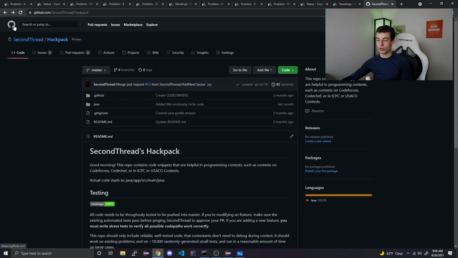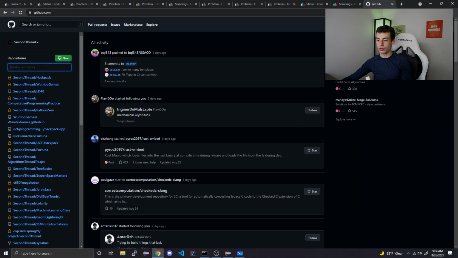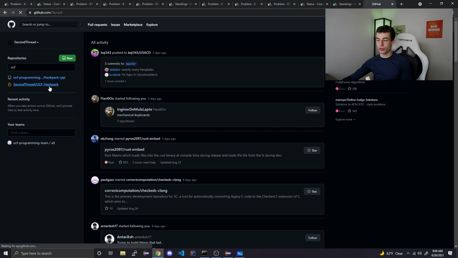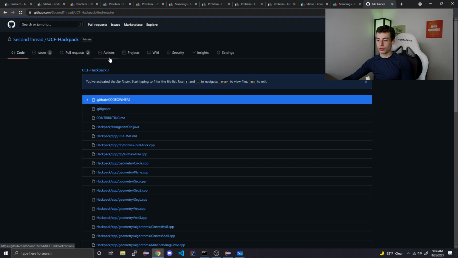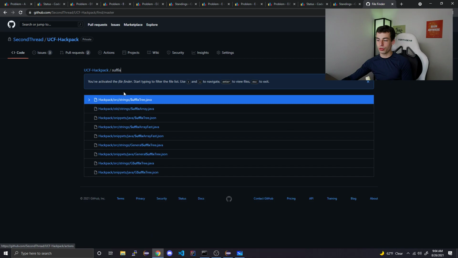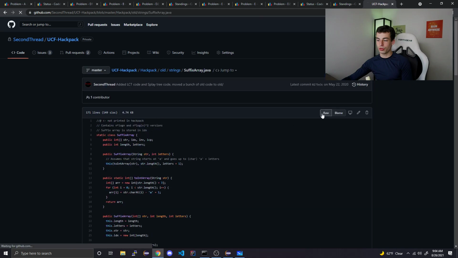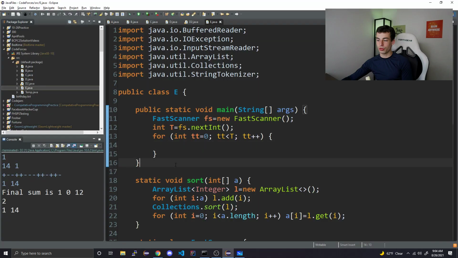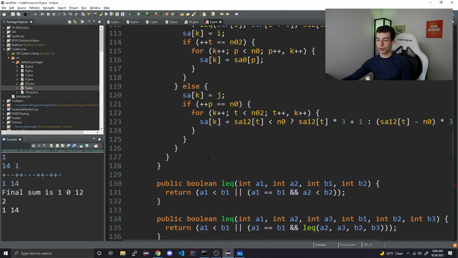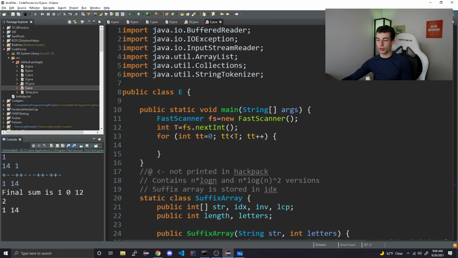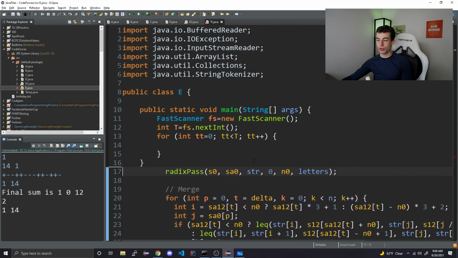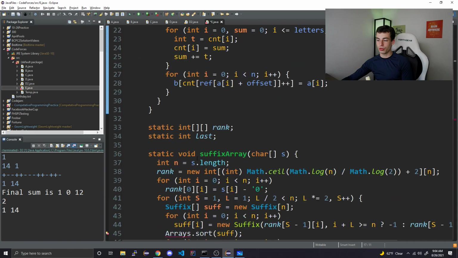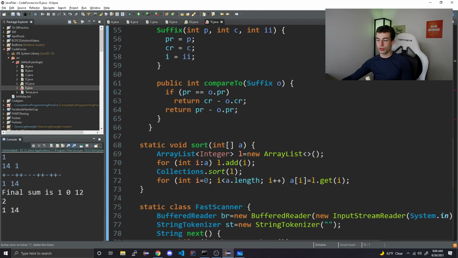Oh, do I not? I don't have suffix arrays yet. All right, back to the UCF hack pack. Suffix array. Oh, we want suffix array fast. This is so long. Oh my goodness, this is ridiculous.